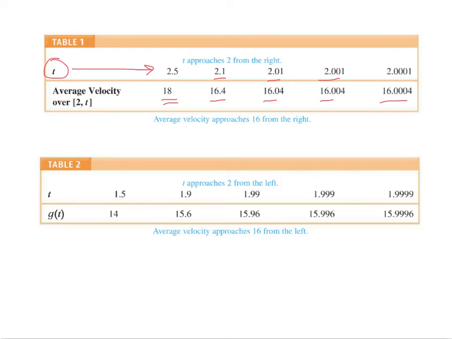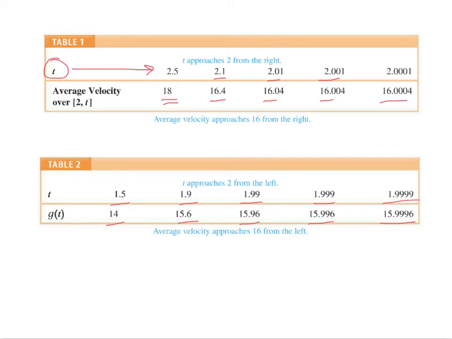If we approach from the other side, from the left toward the right, at 1.5 for a value of t, the function is 14. And as we get closer and closer to 2.0, the y values get higher and higher, much closer to 16.